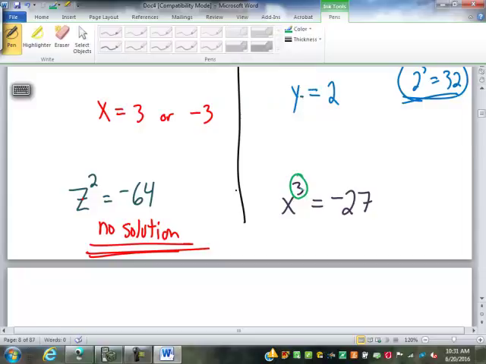No matter what, if you multiply a negative number by itself an odd number of times, it's going to end up being negative. Perfect. Because it's an odd power, it is possible to have a negative result. So there is a solution for that. Again, I don't expect you to be able to find it, but it would be a negative 3. Negative 3 to the power of 3 is a negative 27. All I expect you to know at this point is to look at that and realize this one cannot be solved and this one can.